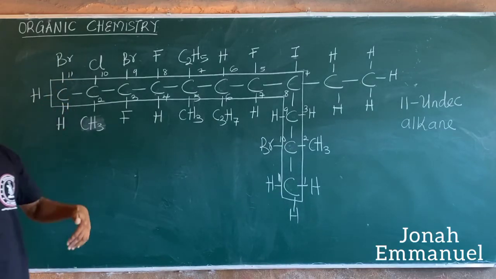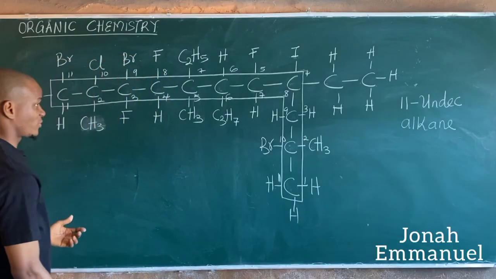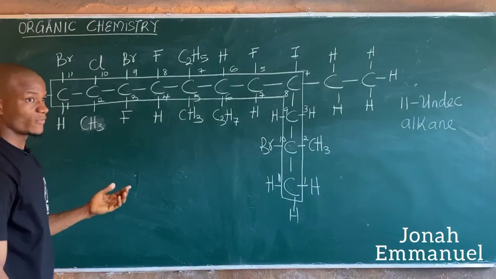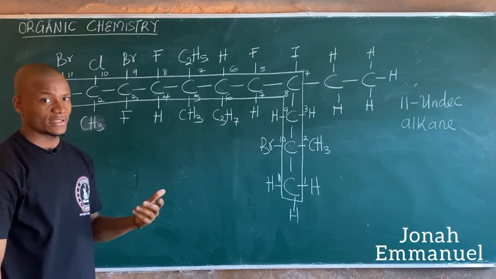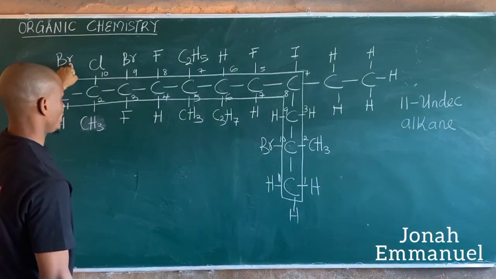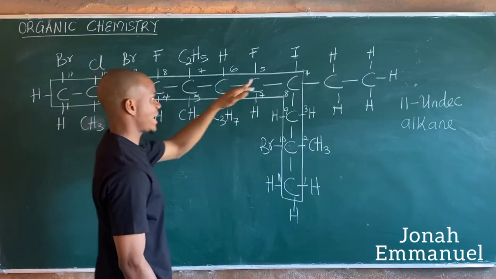So between the lower numbering and upper numbering, which do I take? If I look at my substituents here, let's start with, we said we consider inorganic substituents first before the organic substituents. So from inorganic substituents, I can see bromine, I can see chlorine, I can see fluorine, I can see iodine.